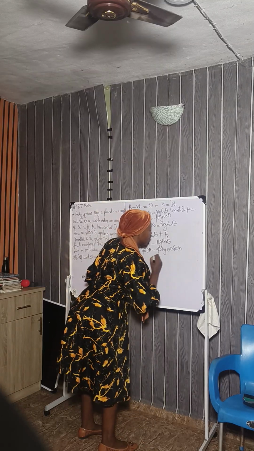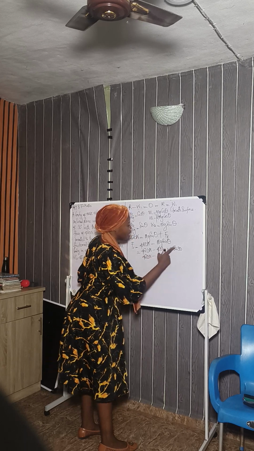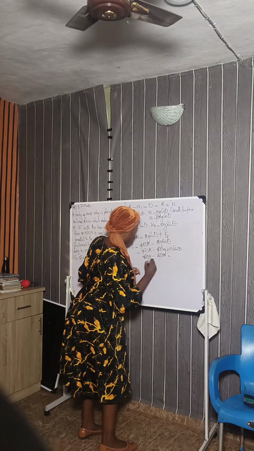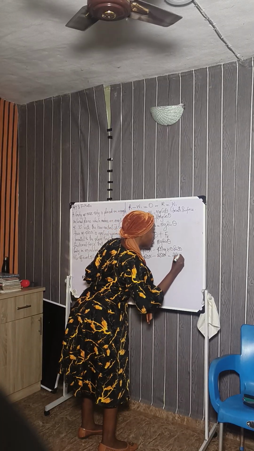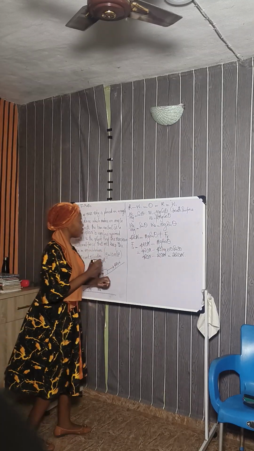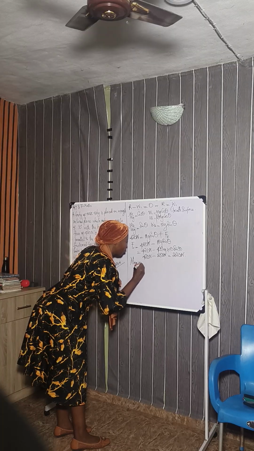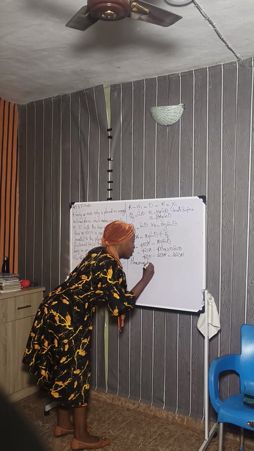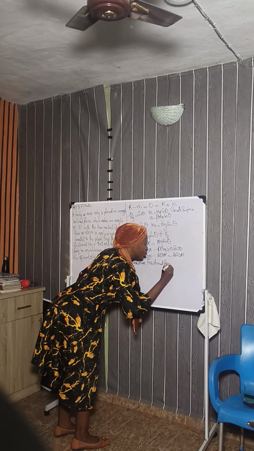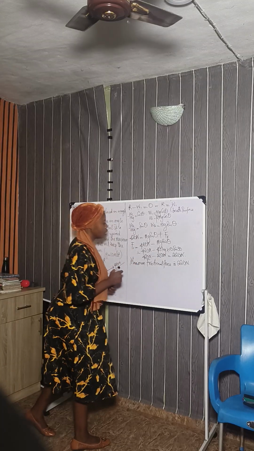So at the end of the day, we have 420 Newton minus half of 400, that's 200 Newton, which is equal to 220 Newton. That is the maximum frictional force. So the maximum frictional force is 220 Newton. We are done.